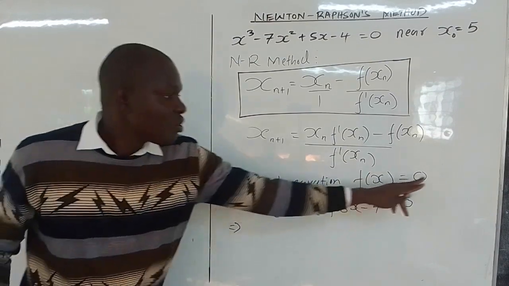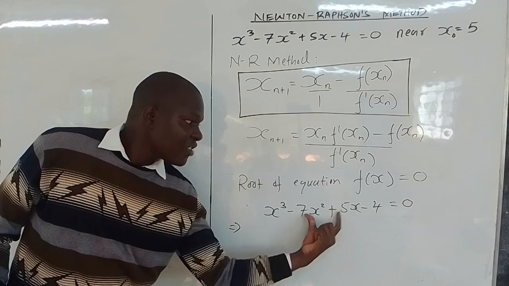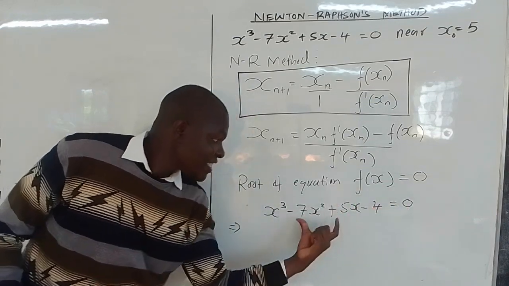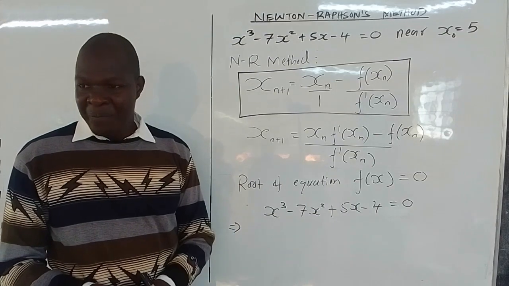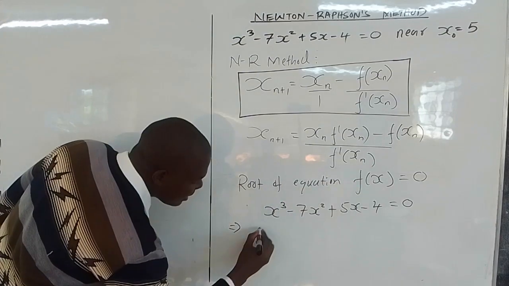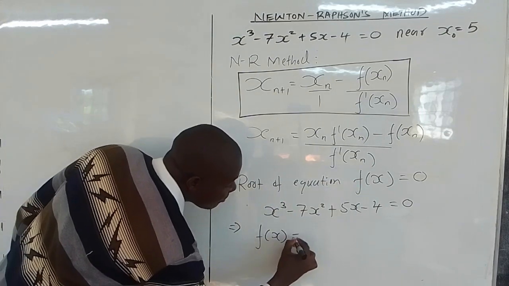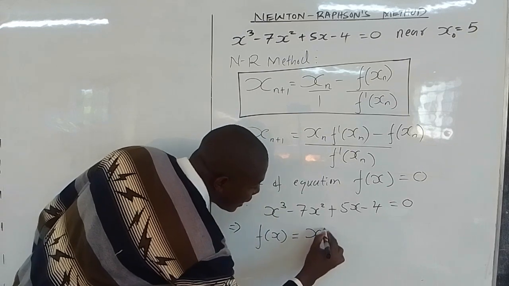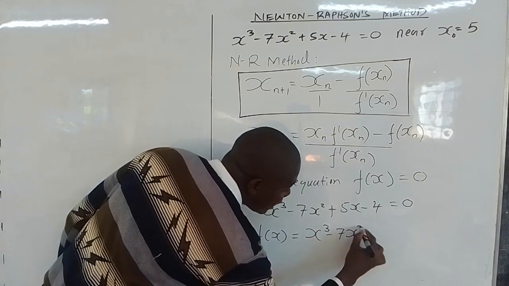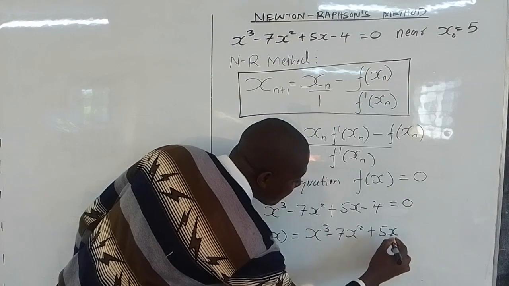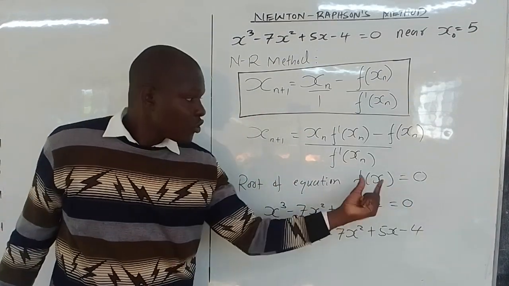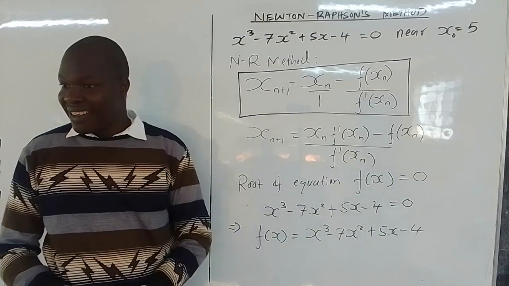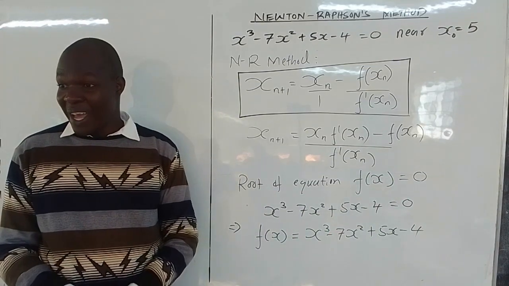If f of x is equals to 0 and this is also equals to 0, meaning f of x is equals to this, isn't it? The equation must be equals to 0. Are we together? So that implies f of x is equals to x cubed minus 7x squared plus 5x minus 4. f of x is 0 and this is also 0. So it means the two equations are equal. Are you getting that? Are we together?